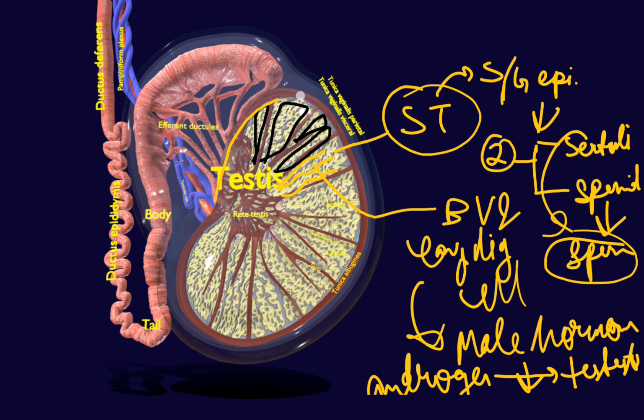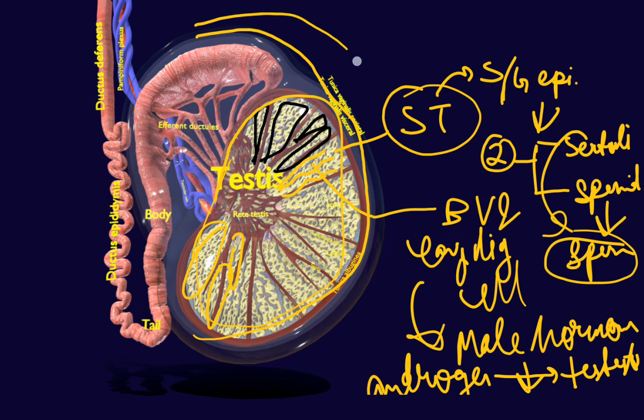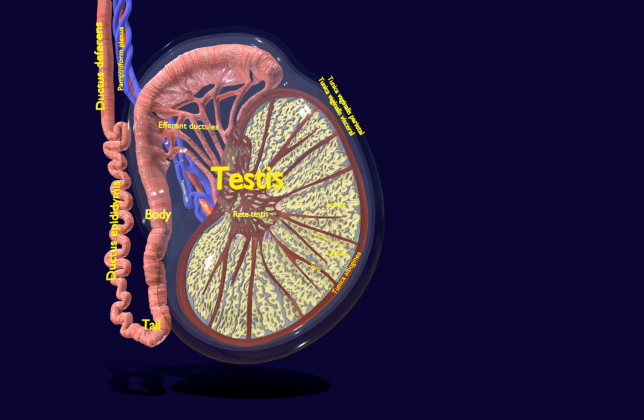This is the oval shaped testes in which seminiferous tubules are present. Now let's see the covering of the testes. Testes has three coverings.